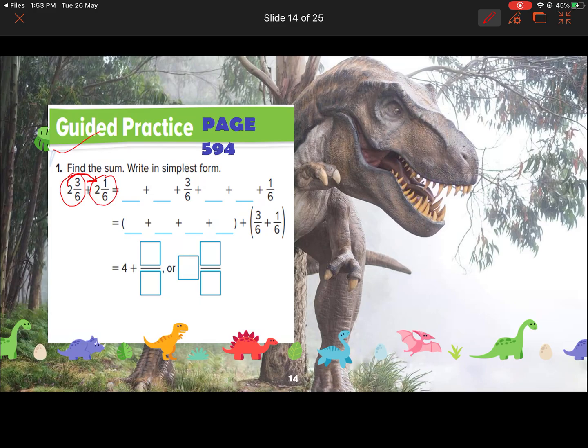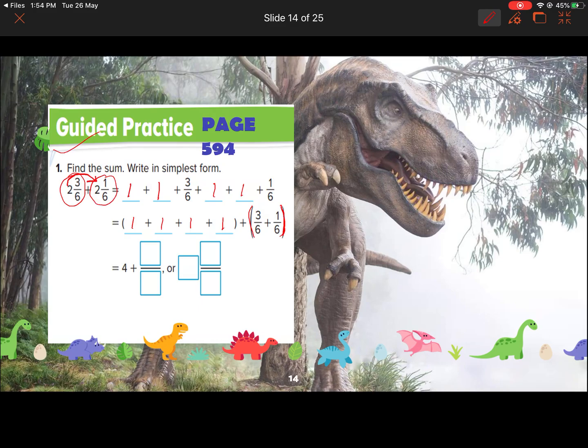So 2 becomes 1 plus 1 and 3/6 is already here, plus 2 more becomes 1 plus 1 and 1/6. Now combine all the whole numbers together, you will get 1 plus 1 plus 1 plus 1, and combine all the fractions together.